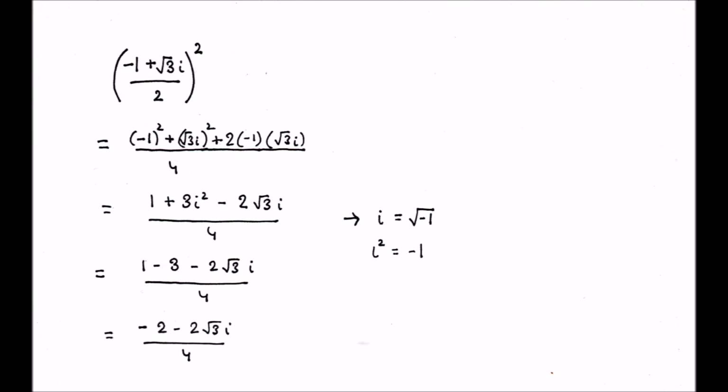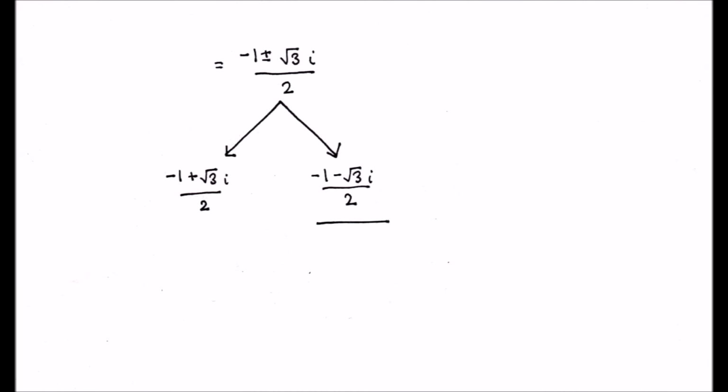Now i is the square root of minus 1, so i squared is minus 1, and if we substitute that, we get (1 minus 3 minus 2 root 3 i) by 4, which is equal to (minus 2 minus 2 root 3 i) divided by 4, which gives us (minus 1 minus root 3 i) divided by 2. And we can see that this is the value we found on the right hand side.